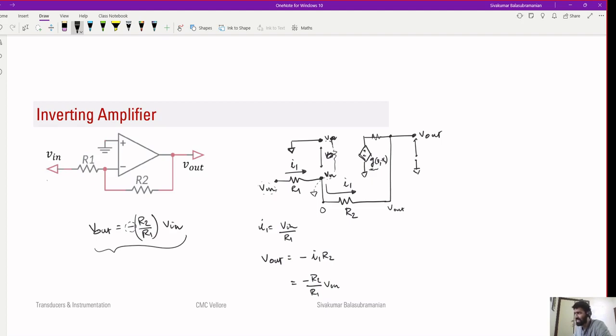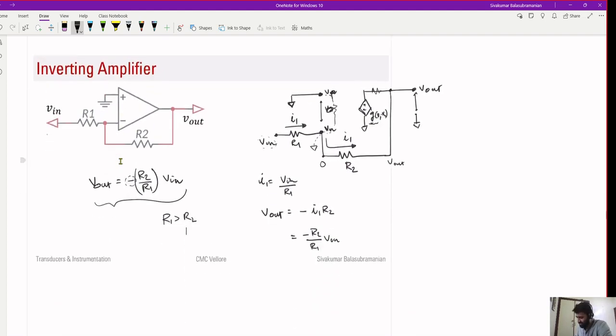When would it act as an attenuator? When R1 is greater than R2. But if R2 is greater than R1, then it will amplify but still add the negative sign.